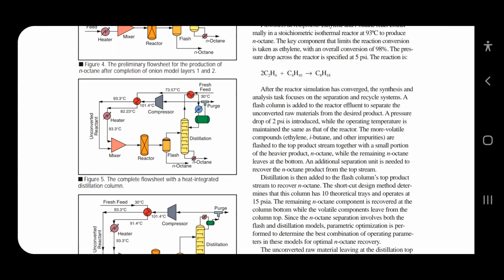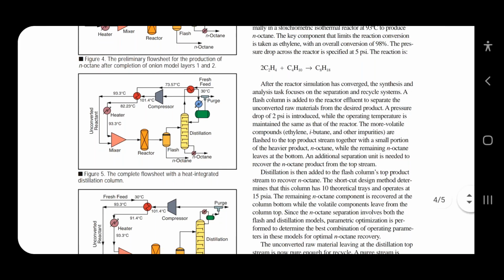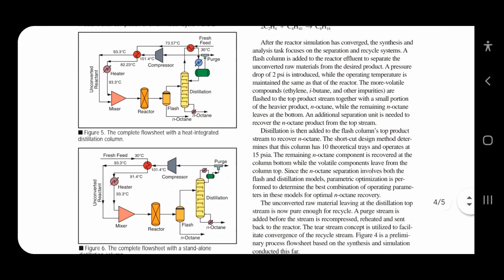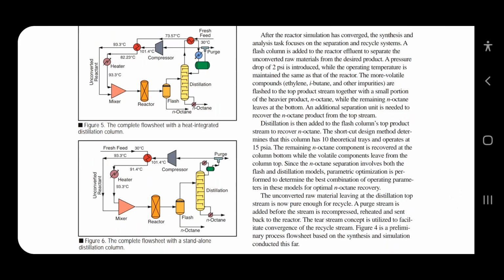Here, they select the distillation column to integrate this task. So alternatively, if distillation is not preferred for the heat integration scheme because of controllability reasons, the alternative flow sheet is that you may use other alternatives. So there are multiple alternatives.